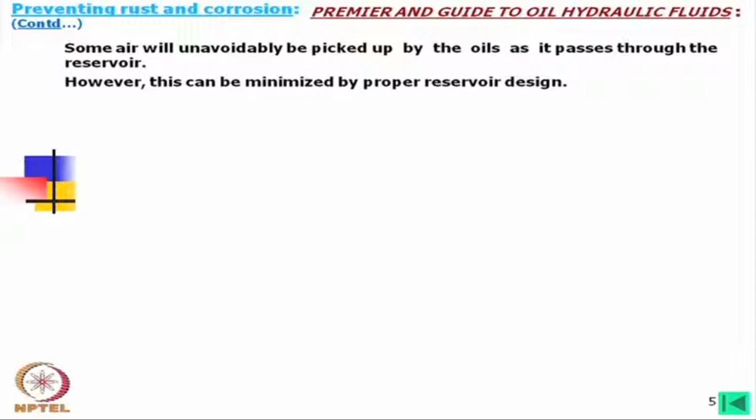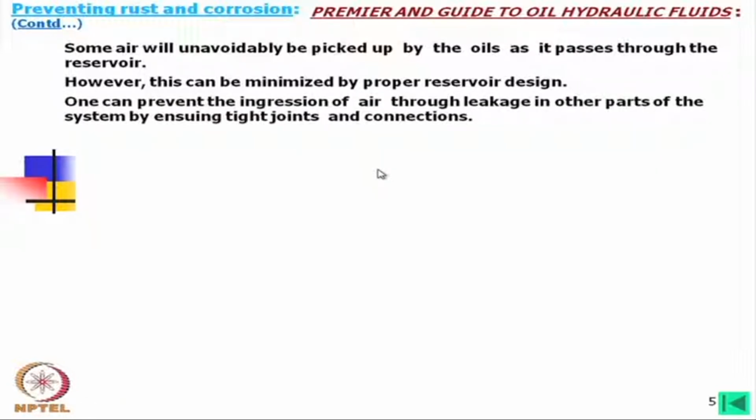There are several methods by which we can reduce such addition of air. One can prevent the ingression of air through leakage in other parts of the system by ensuring tight joints and connections. Sometimes, due to a leakage path on the other side of the components through the joints, the air also gets mixed up.